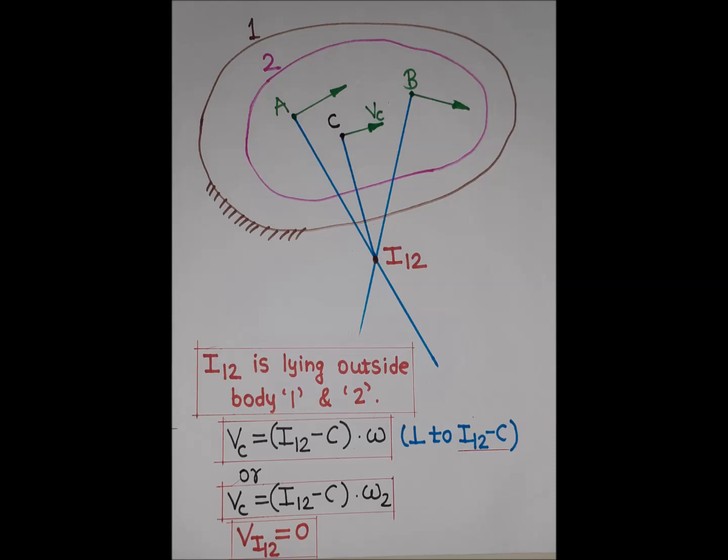Or we can write the relation for velocity at point C as Vc equal to I12C into omega 2, if we use notation omega 2 for angular velocity of body 2, and velocity at point I12, Vi12, will be equal to 0. Means at ICR I12 relative velocity or relative motion between body 1 and 2 will be 0.